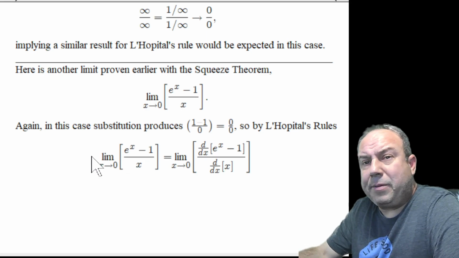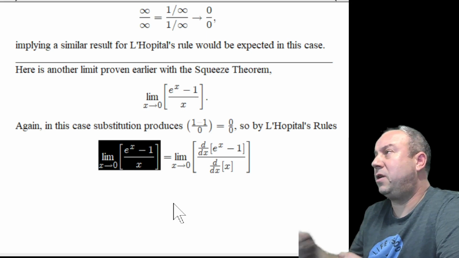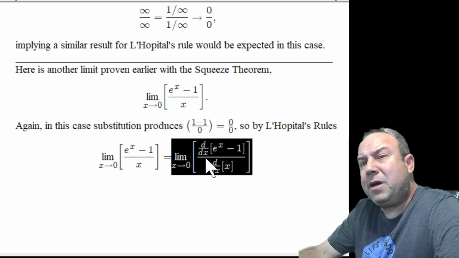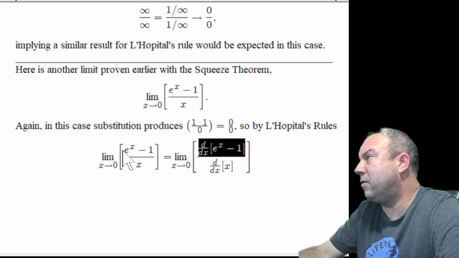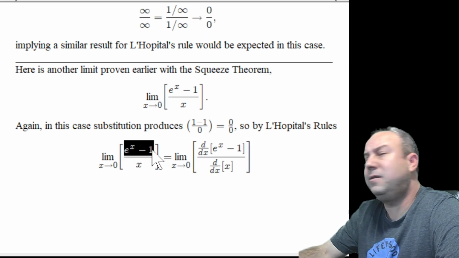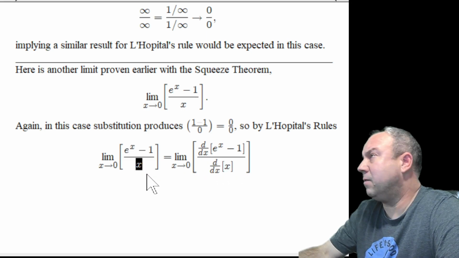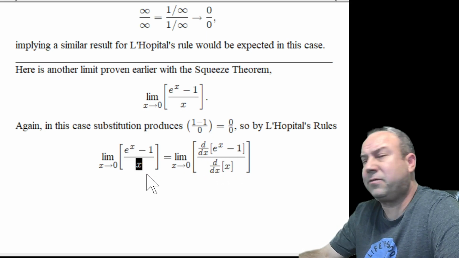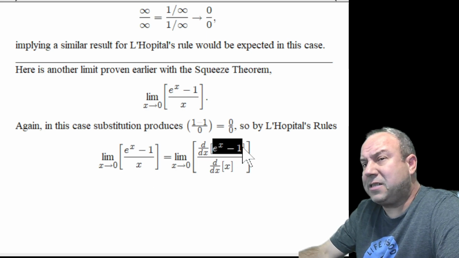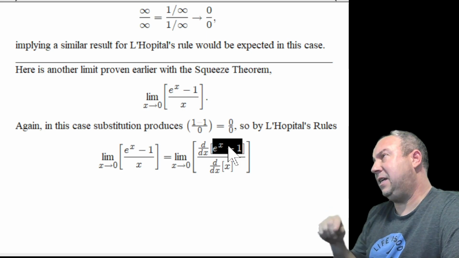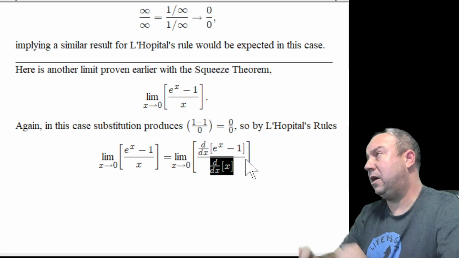So by L'Hopital's rule, the limit as x approaches 0 of e to the x minus 1 divided by x must just be the limit as x approaches 0 of the derivative of the numerator, e to the x minus 1, divided by the derivative with respect to x of the denominator, just x. The derivative of e to the x minus 1 is just e to the x, and the derivative with respect to x of x is just 1.